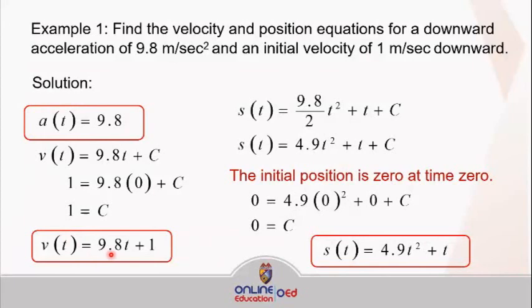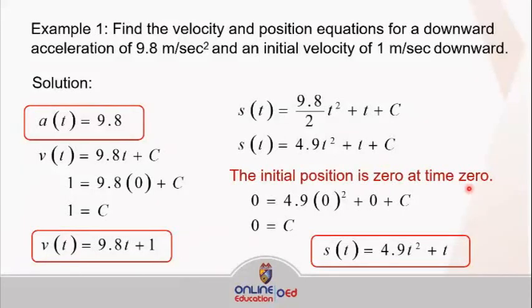The v of t is 9.8 plus 1. And also yung formula natin for the s of t is equal to 9.8 over 2 t squared plus t plus c. Or equivalent lang siya as na-simplified natin as 4.9 or ito yung naka-divide by 2 na t squared plus t plus c.